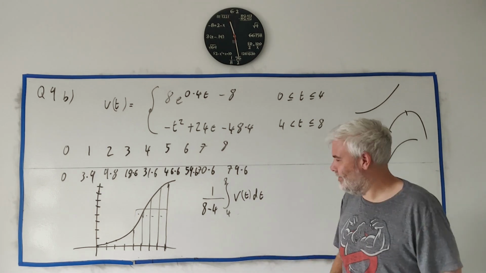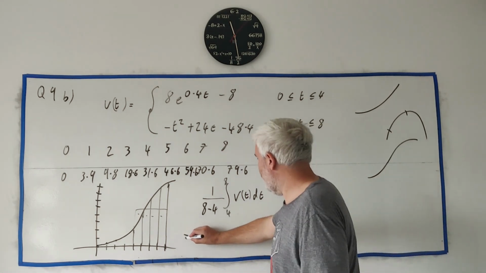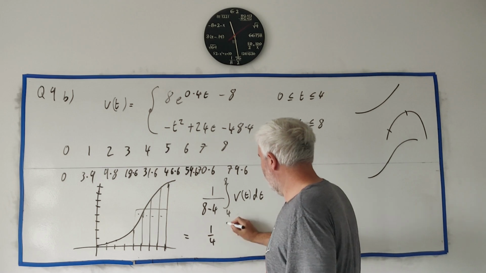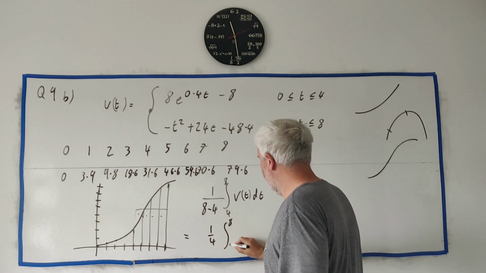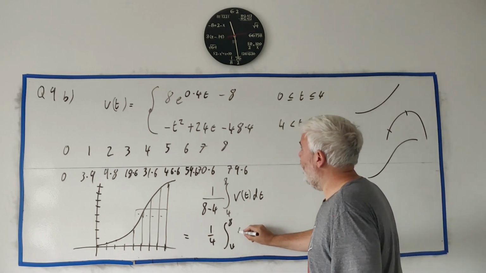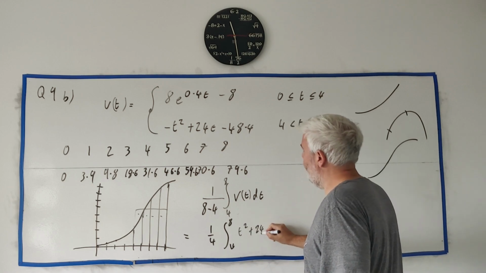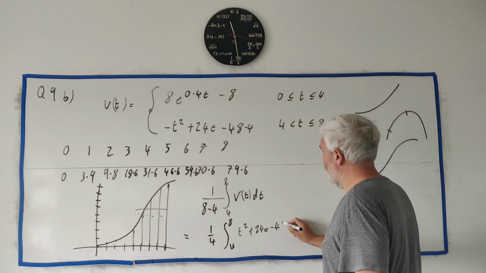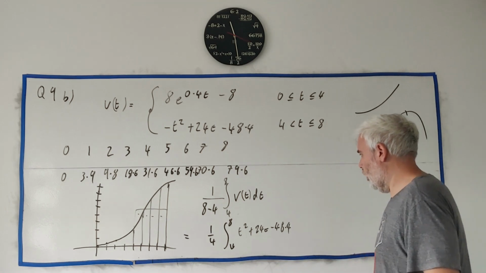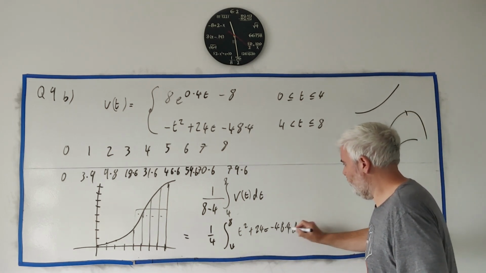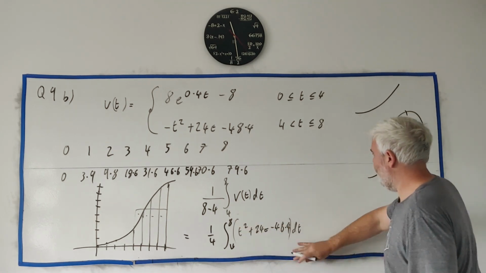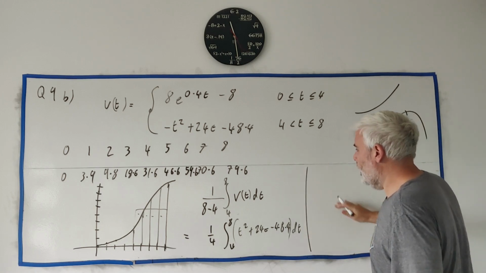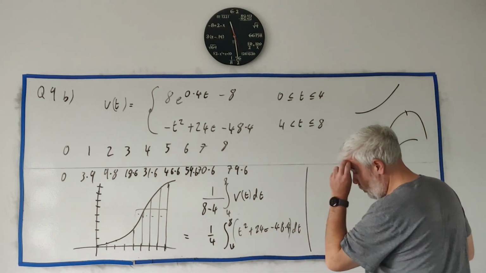Let's do the maths. So this is going to equal 1 over 4, the integral from 4 to 8 of t squared plus 24t minus 48.4 with respect to t. Integrating this is quite straightforward.